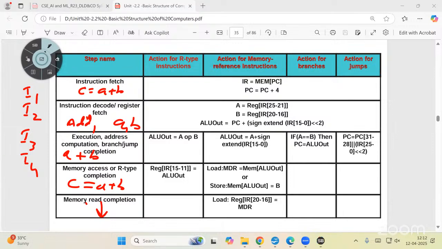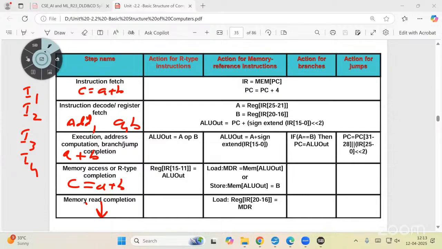Next 20, 30, 40, 50. For 5 instructions, 50 seconds are needed. If 5 instructions take 50 seconds, how much time would 100 lines take? 100 into 10 seconds is 1000 seconds.